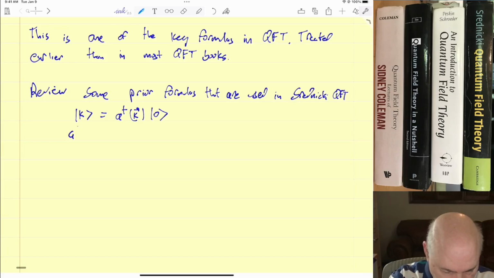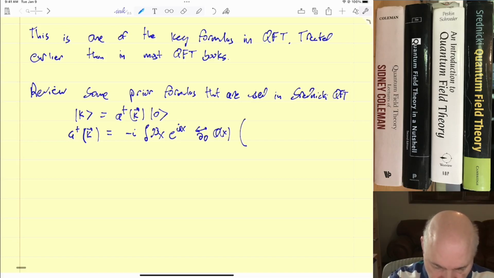Then we have the definition, or the way to express these creation and annihilation operators in terms of the fields. And we use a standard definition here.